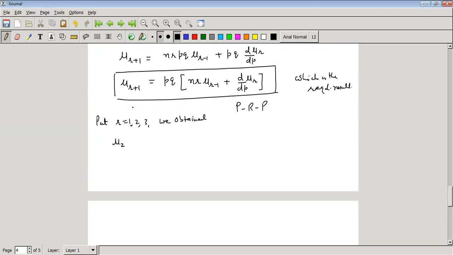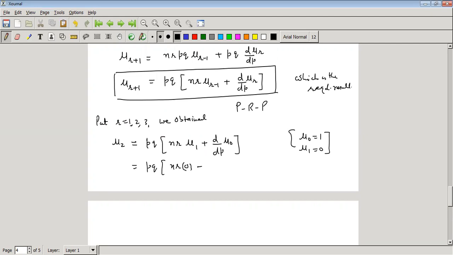So when we put r equal to 1, we get mu 2, and mu 2 is equal to pq into nr mu 2 minus 1, that is 1, plus d by dp of mu 0. And we know that mu 0 is always equal to 1 and mu 1 is always equal to 0. So nr mu 1 is 0, plus mu 0 is 1, derivative of 1 is 0.